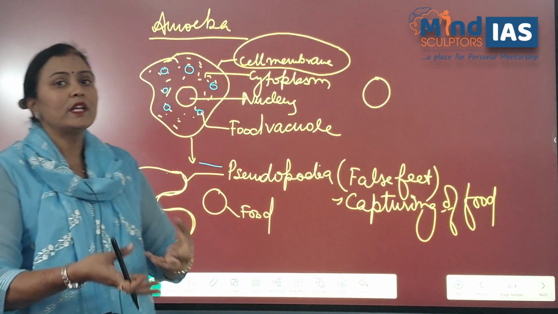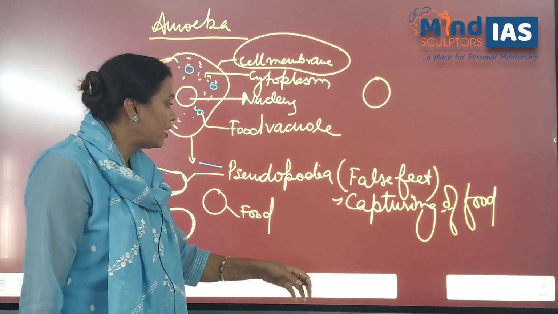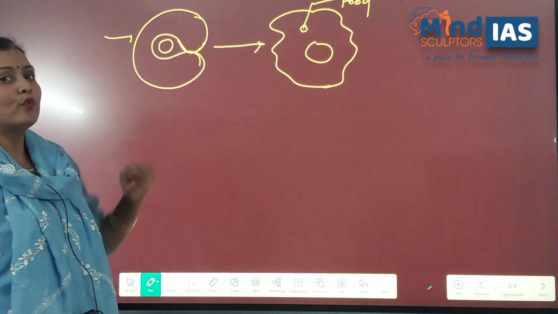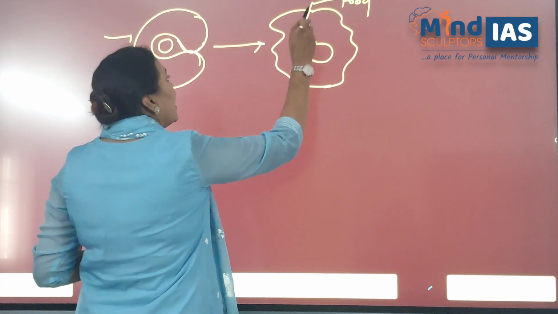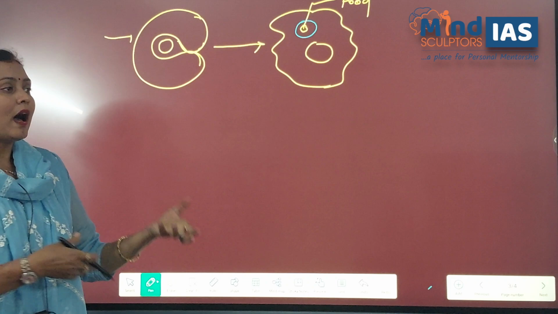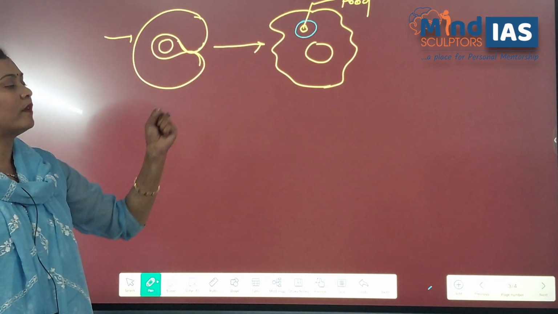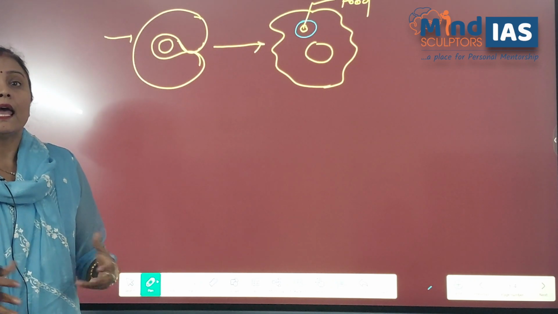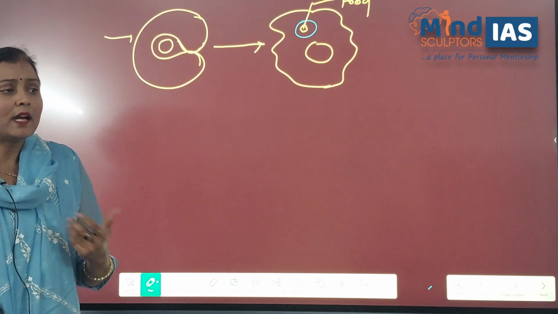Whatever food is ingested by the amoeba is digested with the help of these food vacuoles. Suppose this is a food and this food comes inside the food vacuole. After that, the food gets digested or converted into finer pieces and then production of energy takes place.